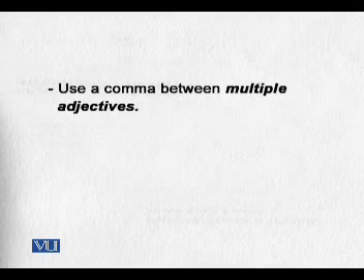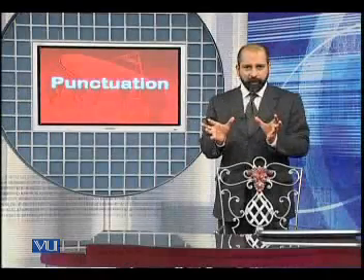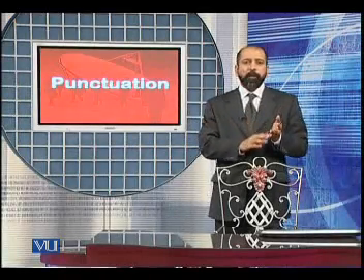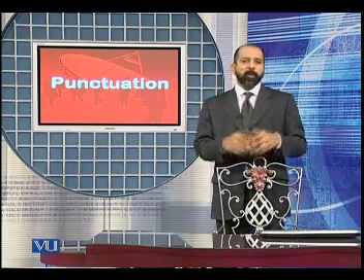Use a comma between multiple adjectives. Example: Sam has become a strong, confident, independent man. Now in this sentence, multiple adjectives. Usually we use one adjective for a noun, but you can try more than one adjective for a noun.